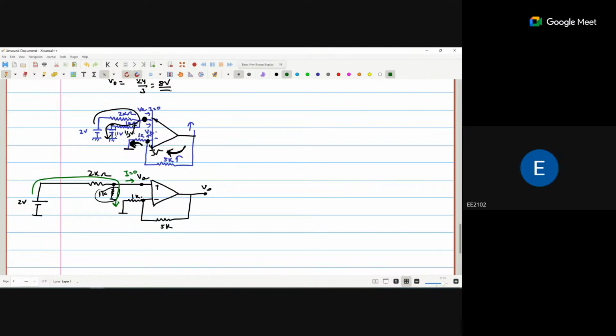So if we consider the 2 volts, what is the voltage at this point? Apply voltage divider: 2 into 1 by (1 plus 2).